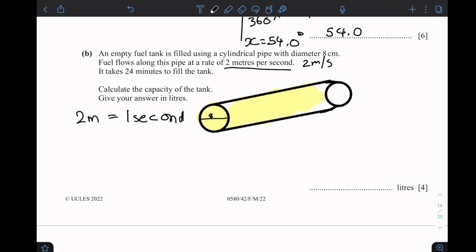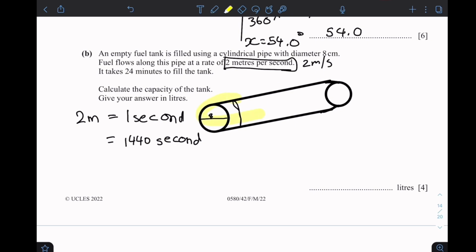So if 1 minute is equal to 60 seconds, so 24 into 60, so 1440 seconds, it fills the entire tank. But what is the total distance basically?